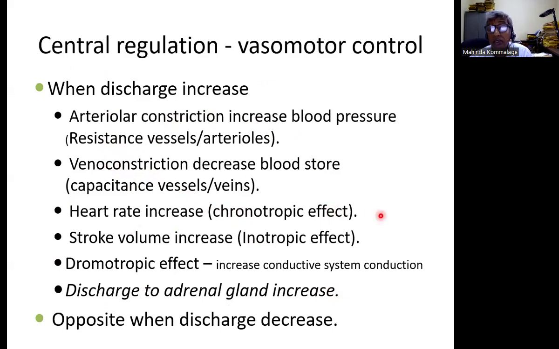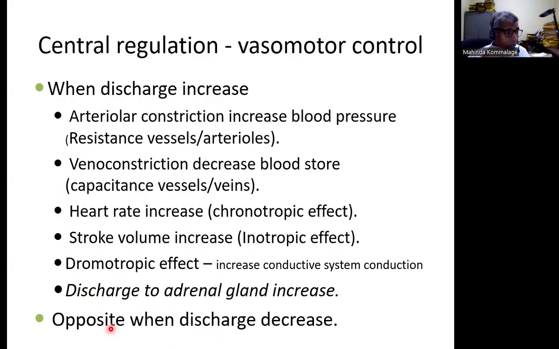Chronotropic effect, increase heart rate. Inotropic effect, increase contractility. Dromotropic effect, increase conduction in the heart. And through the adrenal gland, it secretes adrenaline. Those are the actions of the activated vasomotor center RVLM. And when it is not activated, the opposite will happen, because less discharge will do the opposite of all these.